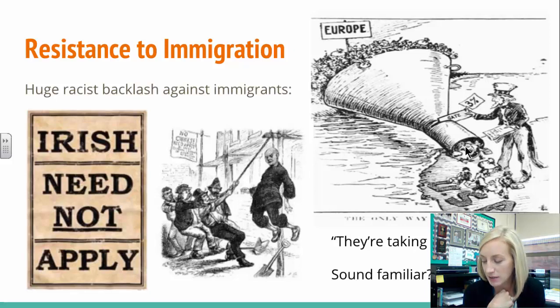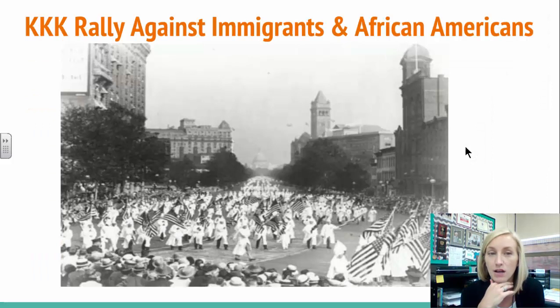You see this a lot of times. So like the KKK membership, for instance, this is a rally against immigrants and African Americans. You see membership of groups like the KKK swell during this time. So again, a huge racist backlash against immigration.